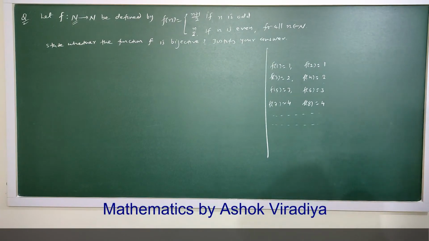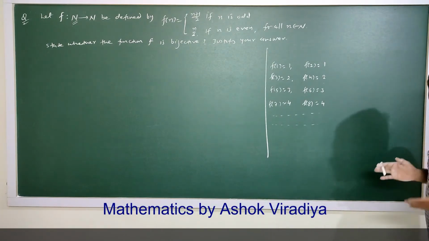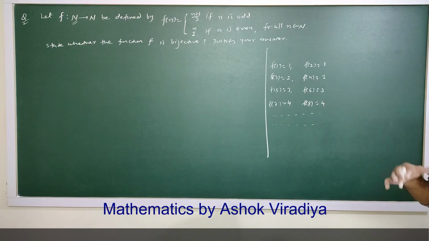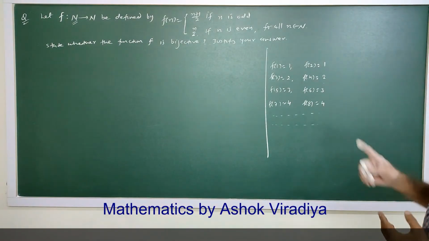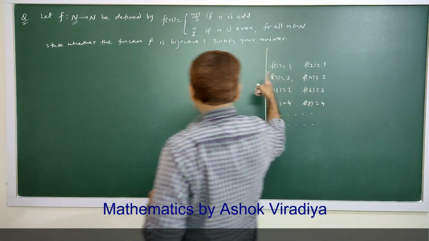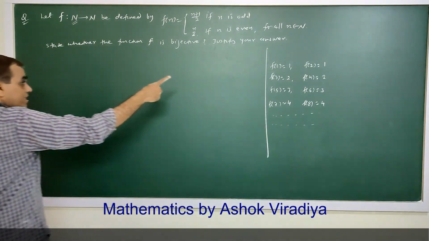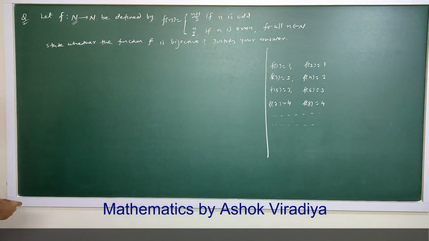Now from this practical we can determine whether it is one-one or not, onto or not. You can see that the image of 1 is 1, the image of 2 is also 1.